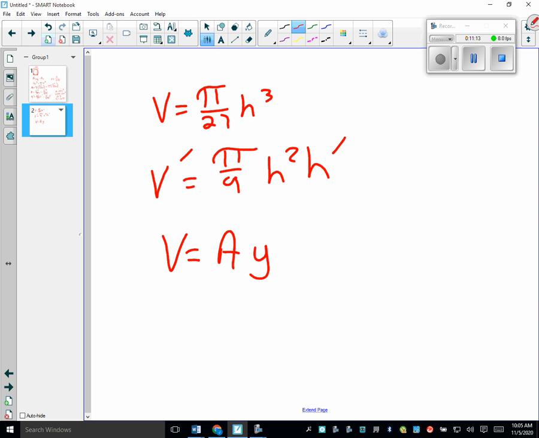Are you guys with me? We've got to get to where we can review. You can do that at home. Do you all agree? That's the volume of the cylinder. A is not changing in a cylinder, because when the water goes up and down, how round it is doesn't change, does it?